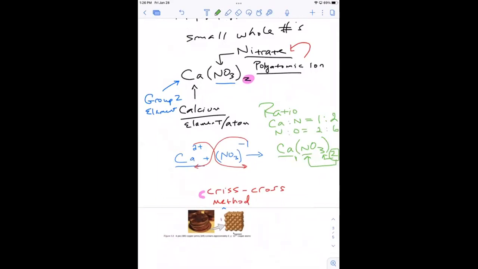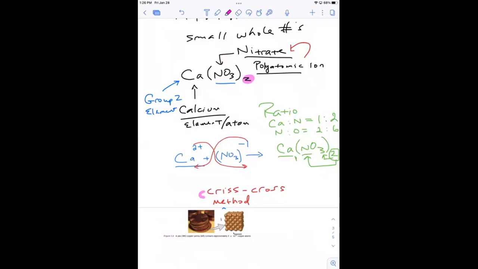then of course calcium to oxygen will be what? How many calciums do I have? 1. And how many oxygens do I have? 6. That's not going to change, right?